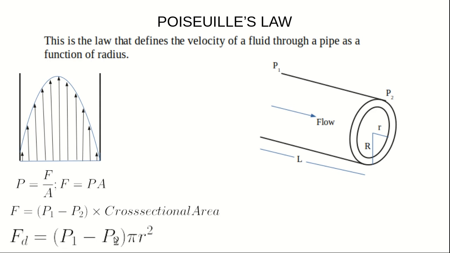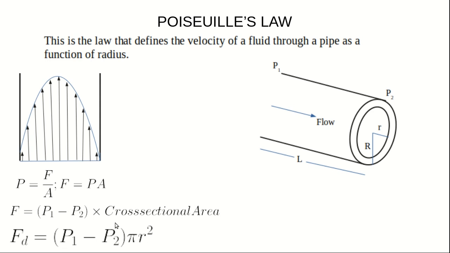The cross-sectional area of this pipe is a circle, and the circle has an area of pi r squared.